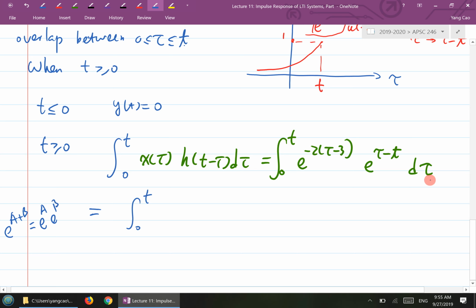Because we're integrating with respect to tau, I'm going to separate anything that's not related to tau. Multiplying the negative 2 into the bracket, you have e to the power negative 2 tau and then plus 6, right? So I'll put this e to the power 6 out of here, and e to the power negative 2 tau. That's for the first term. The second term, you get e to the power of tau, e to the power of negative t, d tau.